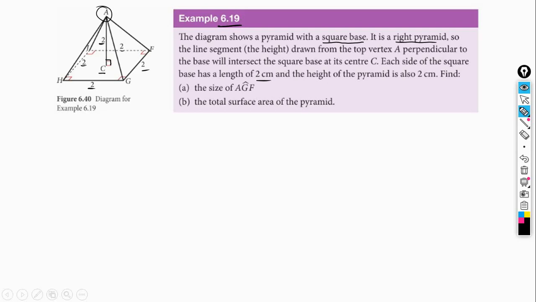So this is the height. Find, part A, the size of angle AGF. So AGF is the size of this angle here.